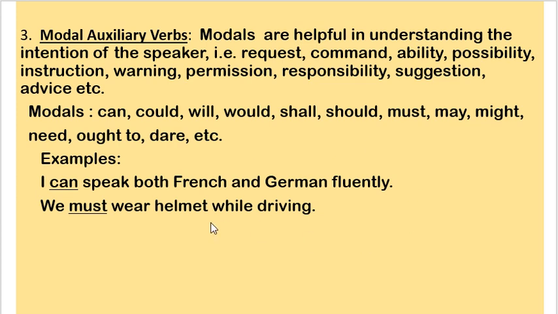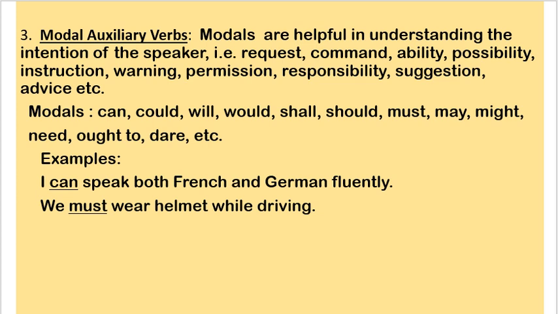Let's take a few examples. I can speak both French and German fluently. We must wear helmet while driving. So here we have seen that the word can shows ability and here must shows that it is compulsory, it's compulsion. In this way, we have seen that there are different types of verbs and if we understand these verbs, then it's very easy to understand tenses.